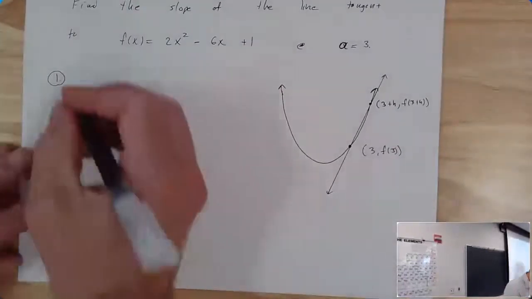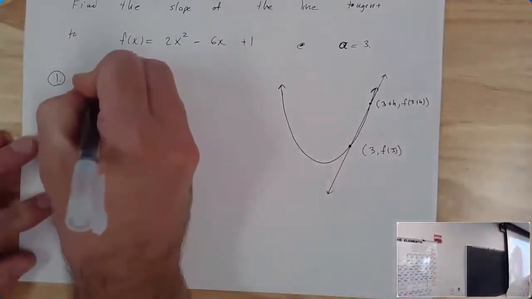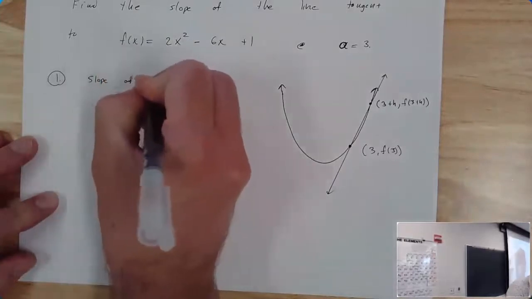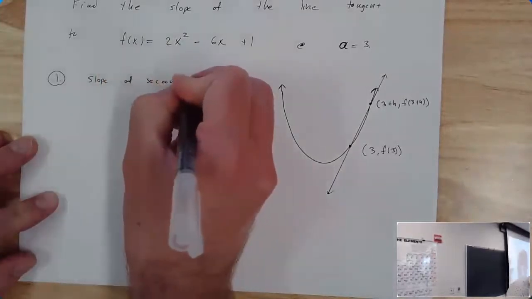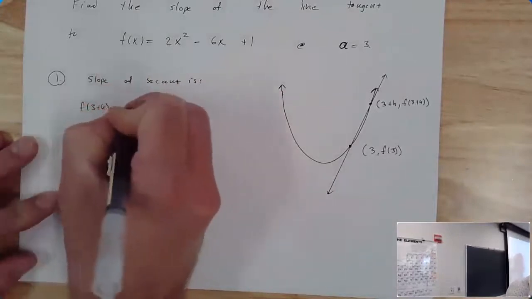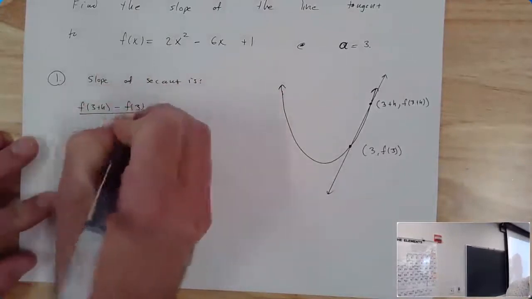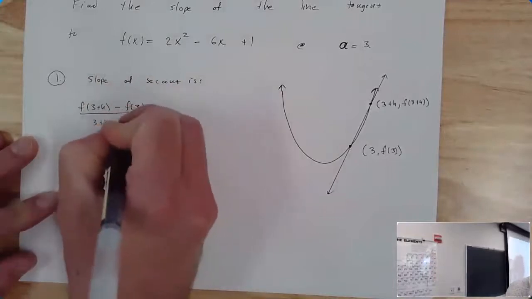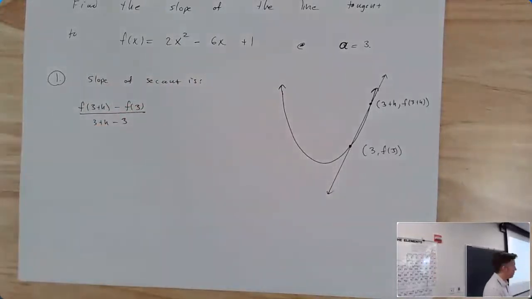So method 1, the slope of the secant is f of 3 plus h minus f of 3 all over 3 plus h minus 3. The bottom is going to simplify to h.